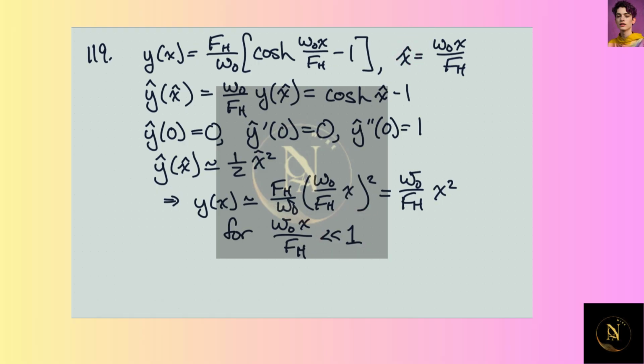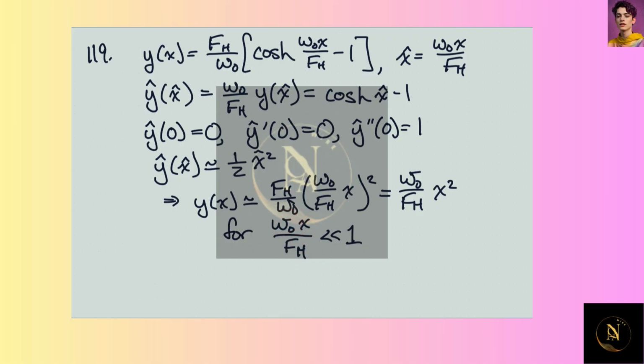The maximum x is going to be half of the span length, so we could put in L over 2 here, or let's call it D over 2. And then we would need this to be very large or this to be very small.